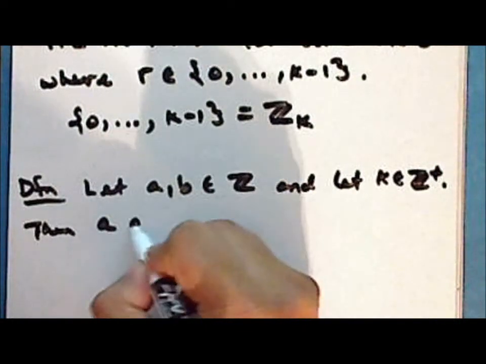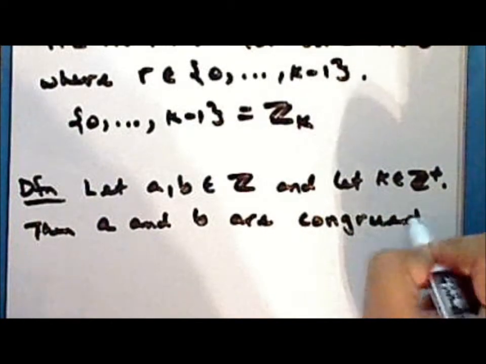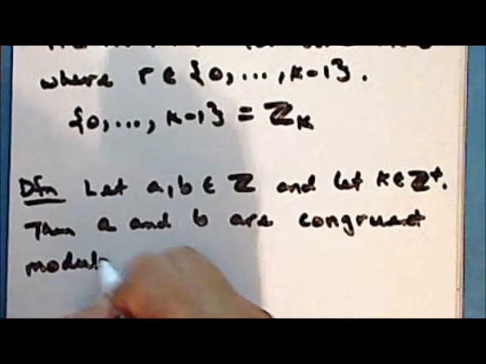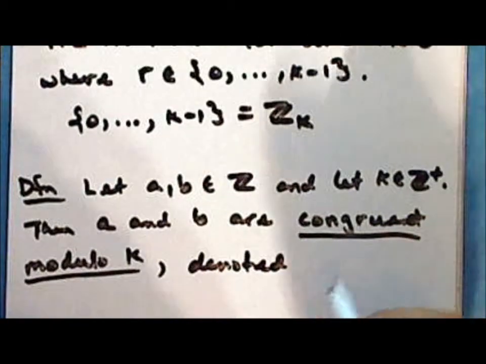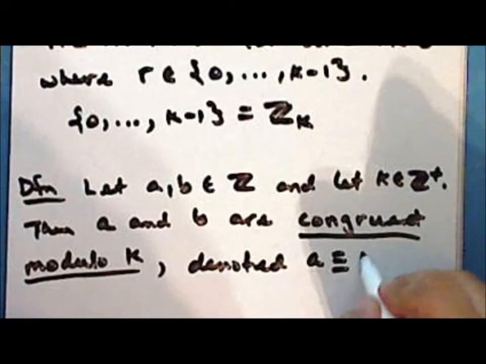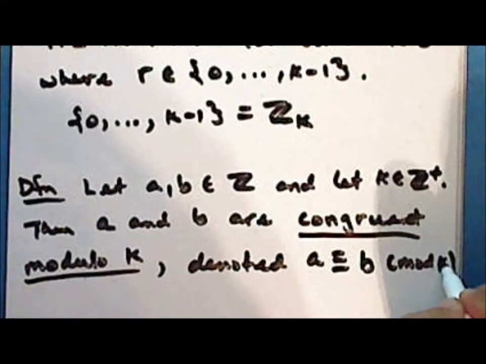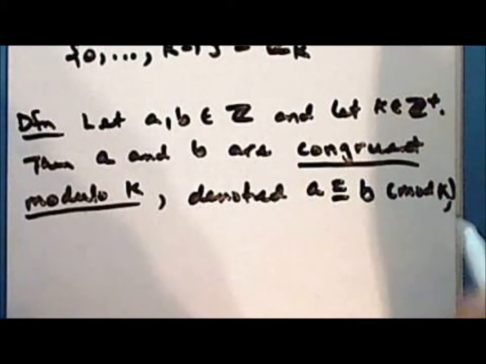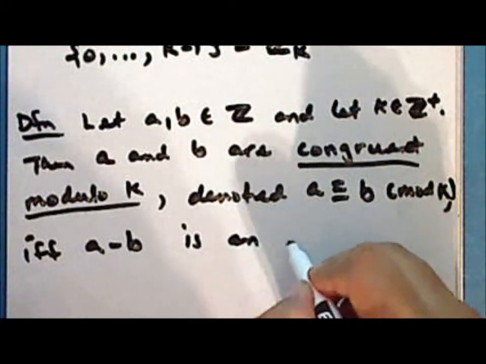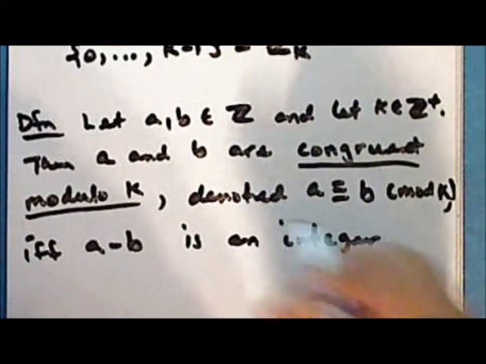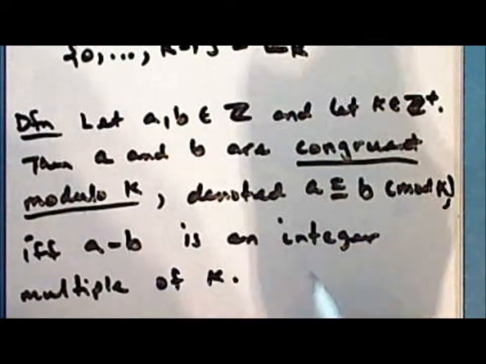Then the integers a and b are congruent modulo k, denoted a is congruent to b modulo k, if and only if the difference, a minus b, is an integer multiple of the positive integer k.